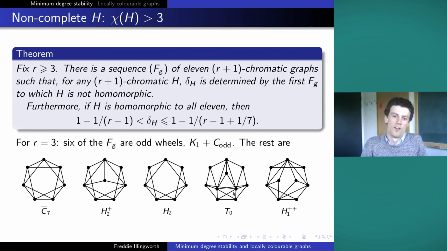So we think about missing edges. It's not too hard to show that the missing edge can't be from a center of an odd wheel to the exterior of an odd wheel, an edge counting argument similar to the one we did earlier.